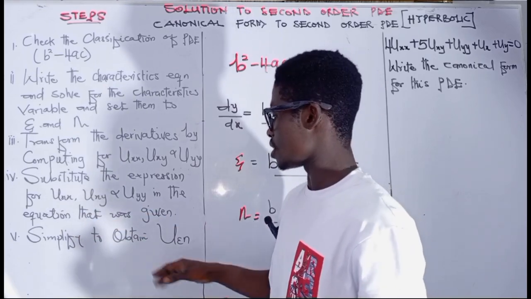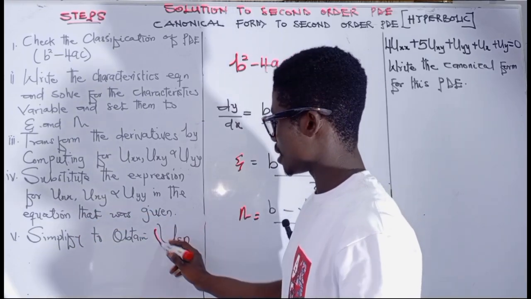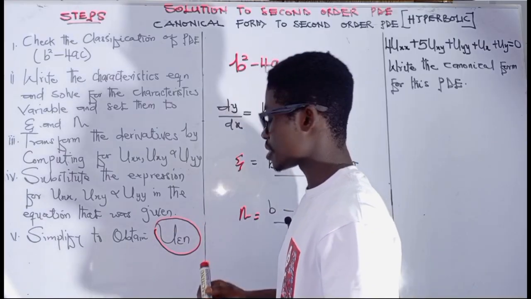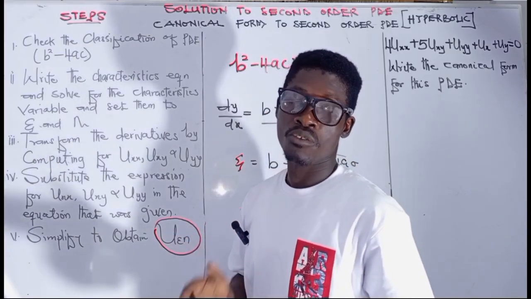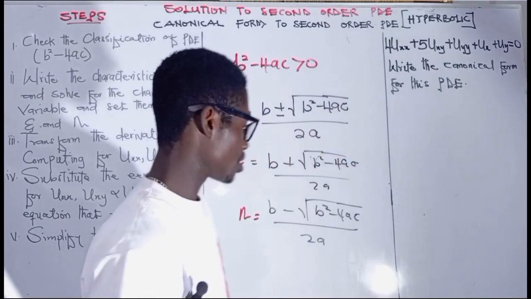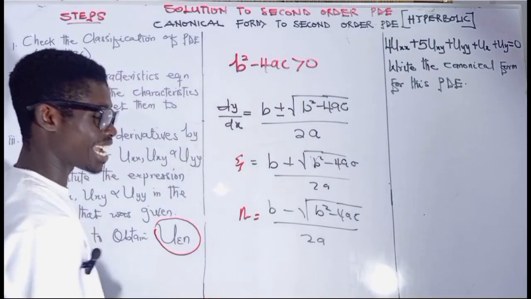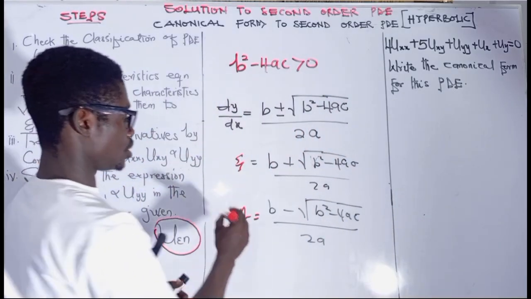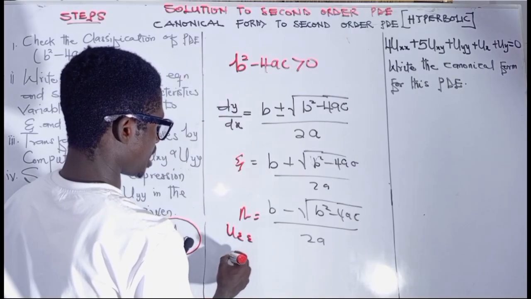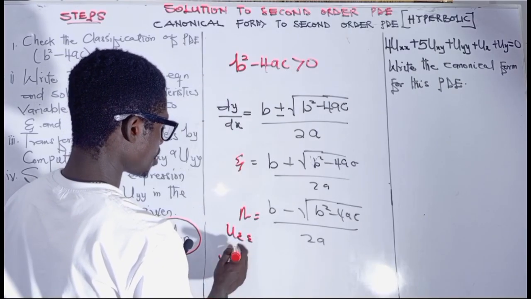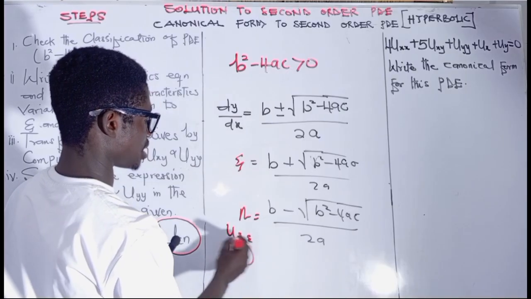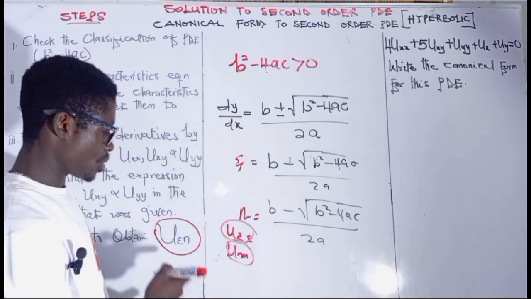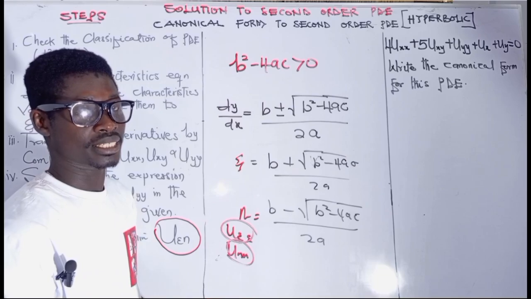You simplify and then you obtain u xi eta. So whenever we solve for the canonical form of a hyperbolic equation, u xi and u eta will vanish, and you will be left with u xi eta. Very, very easy.